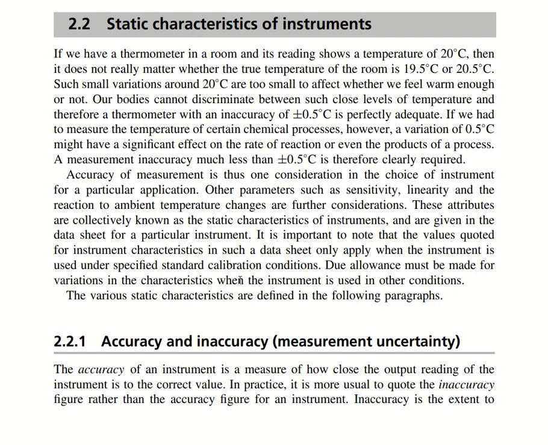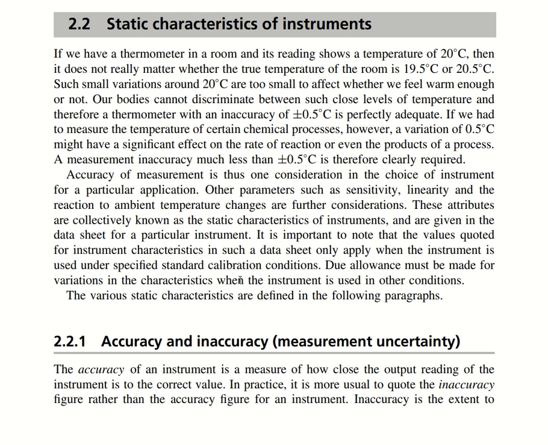We have other parameters as well, like sensitivity, precision, linearity, and the reaction to ambient temperature changes. These attributes are collectively known as the static characteristics of instruments, which we are going to discuss right now, and they are given in the data sheet for the particular instrument. So you can check them while selecting or purchasing a particular instrument.